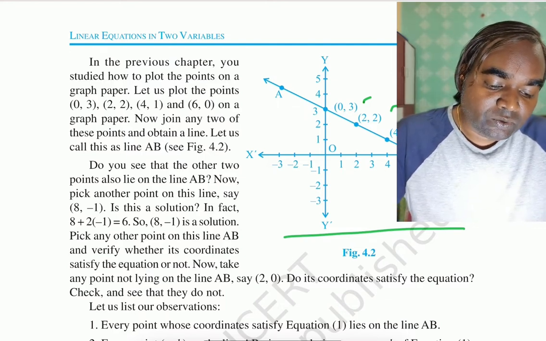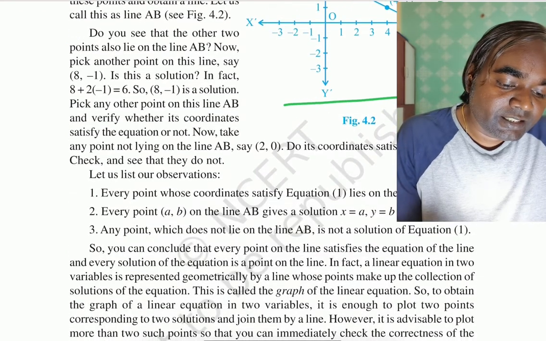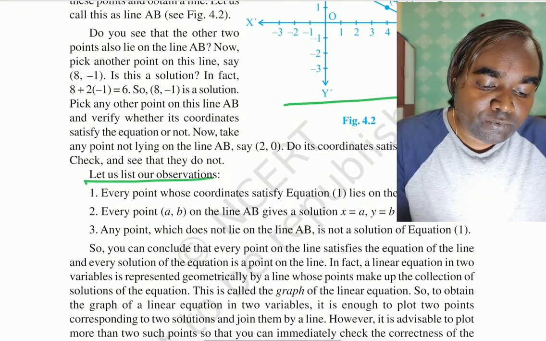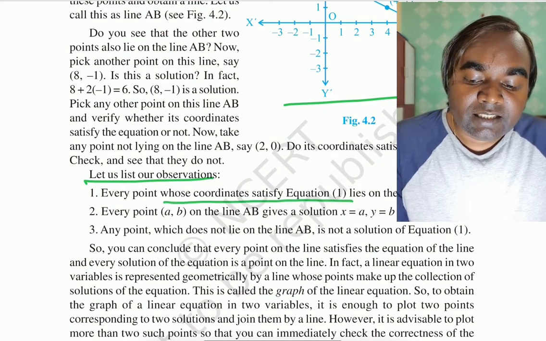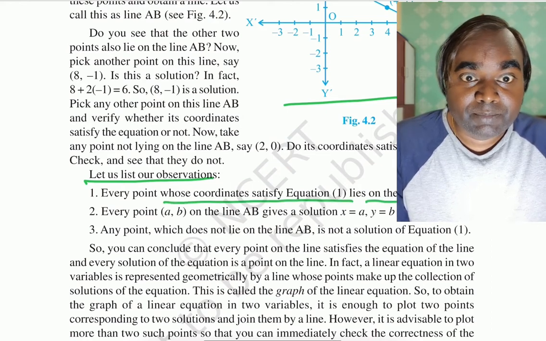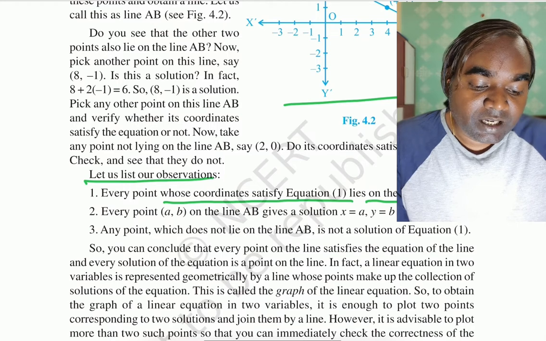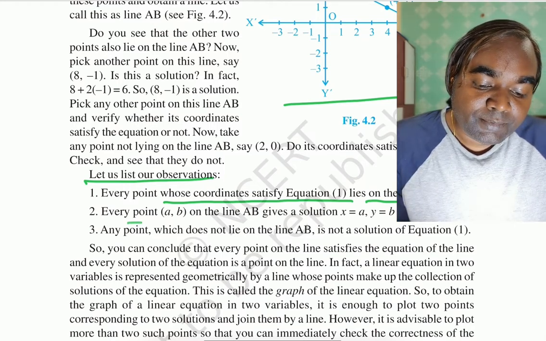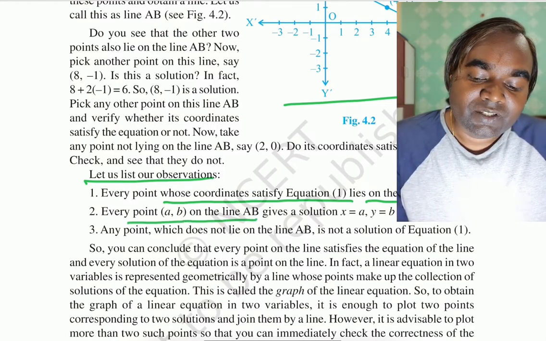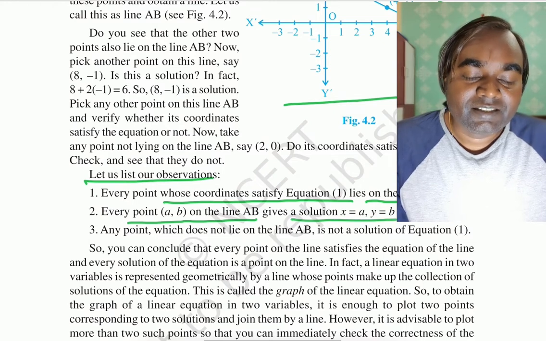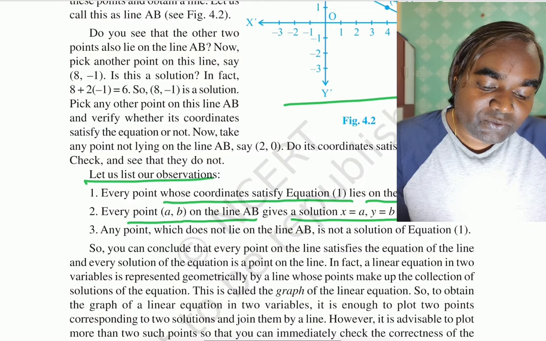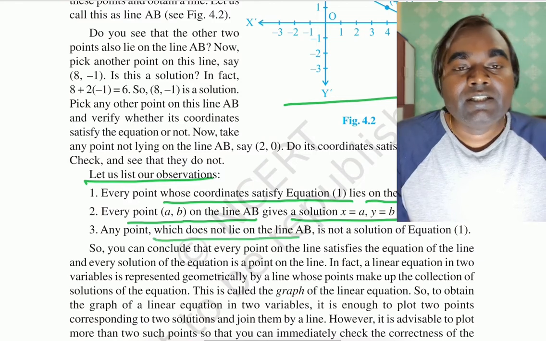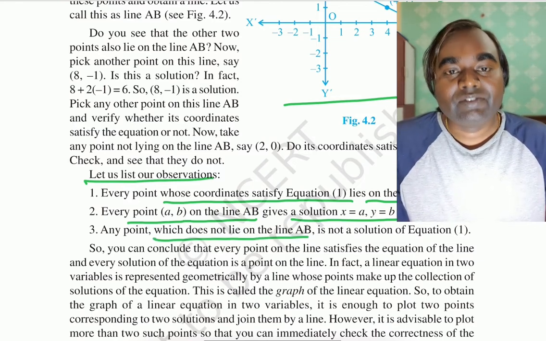So we can conclude that every point whose coordinates satisfy the equation lies on the line AB, and every point on the line AB gives a solution of this equation. The reverse is also true: any point which does not lie on the line AB cannot be a solution of this equation.